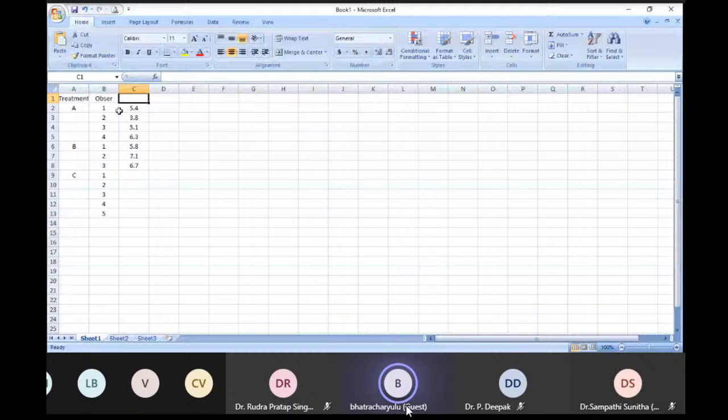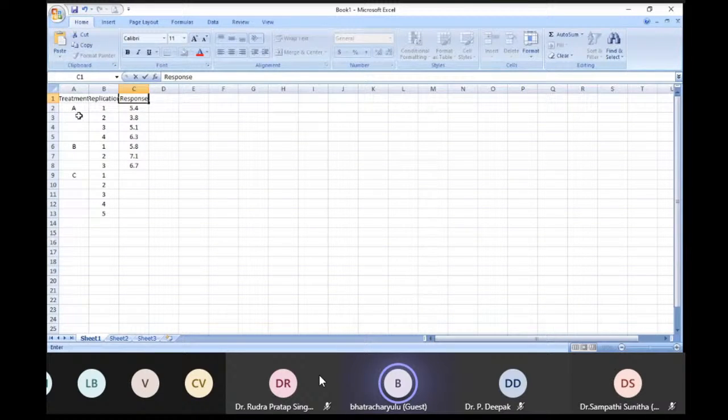This is replication, and this is response. So in the data variable view, we have to create three: one is treatment, the second one is replication, the third one is response.